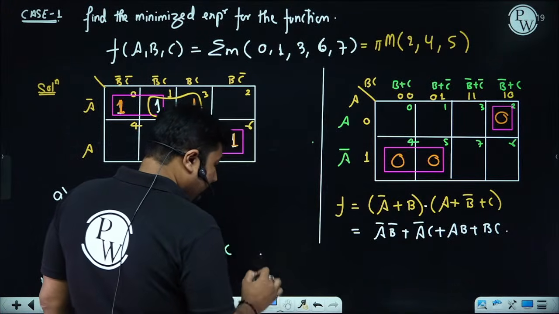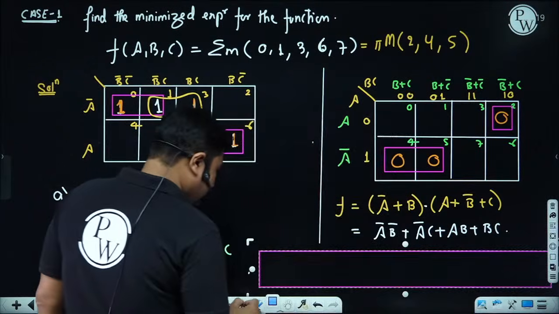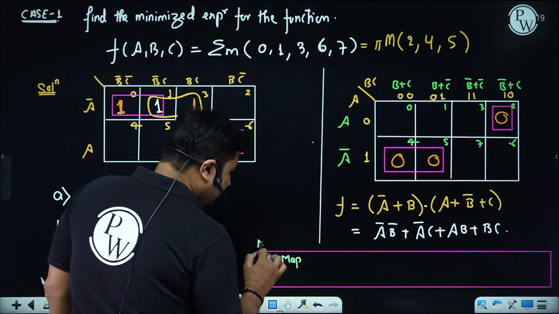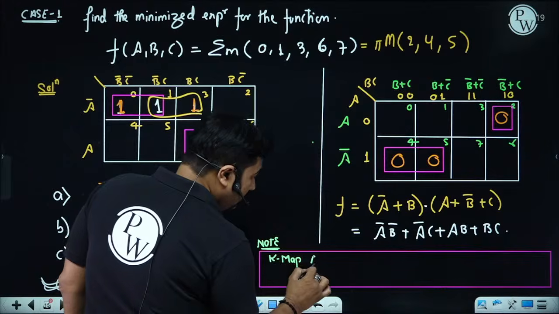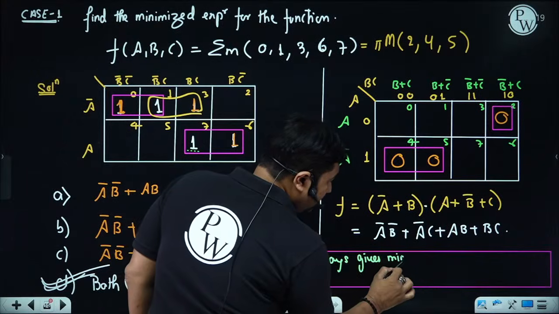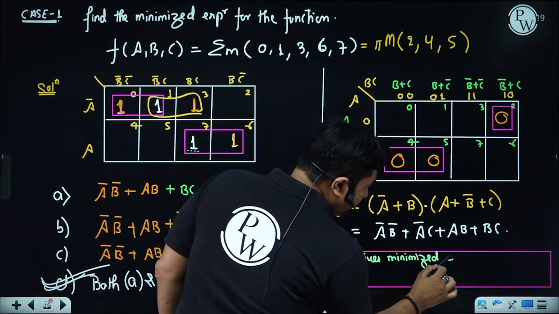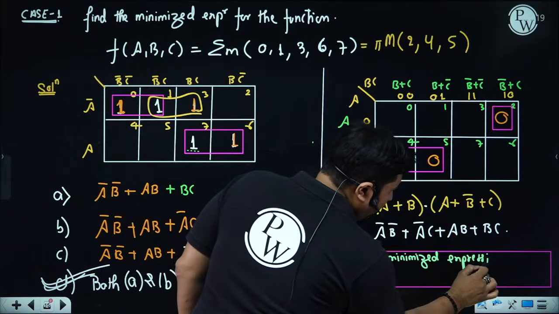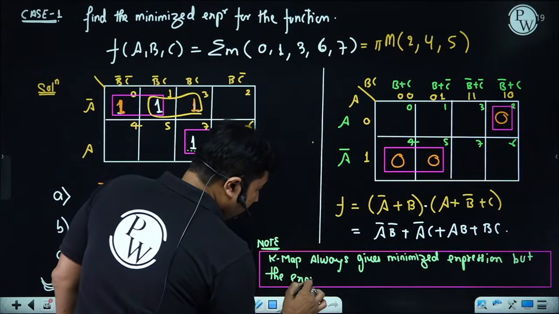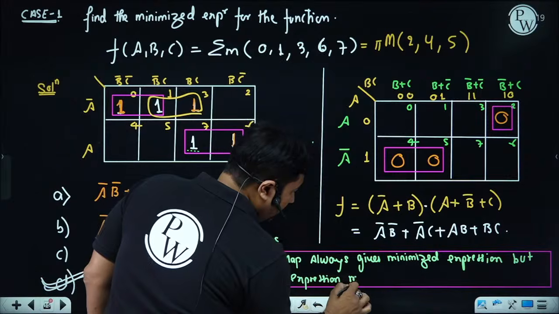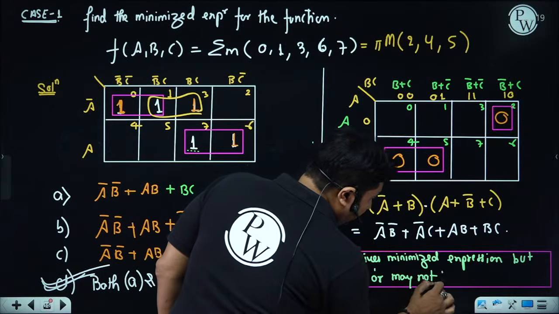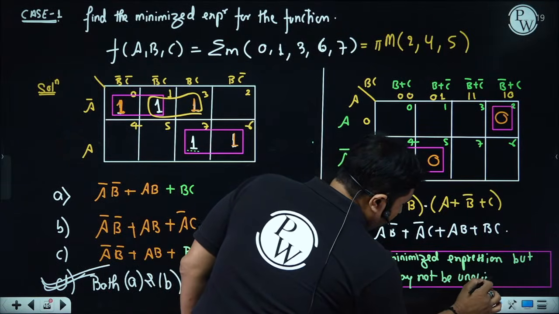Please write down a note point: K-map always gives the minimized expression, but the expression may or may not be unique. How many of you are able to understand, beta ji?